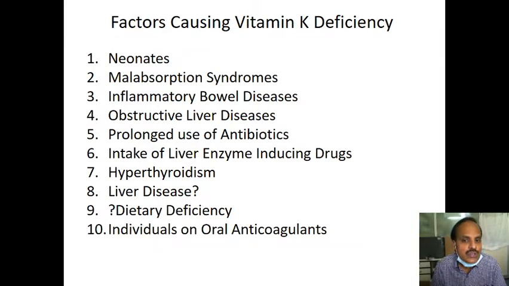Now why do we have these two concentrations available? Because if the neonate has a birth weight of greater than 1 kilogram, that is more than 1000 gram, the dose is 1 milligram. And if the birth weight of the neonate is less than 1 kilogram, that is less than 1000 gram, then the dose that we use is 0.5 milligram.